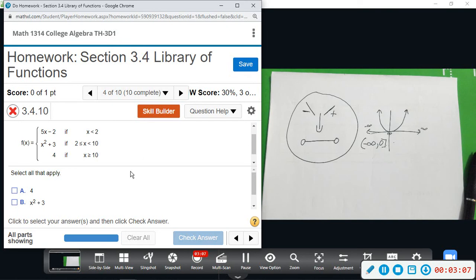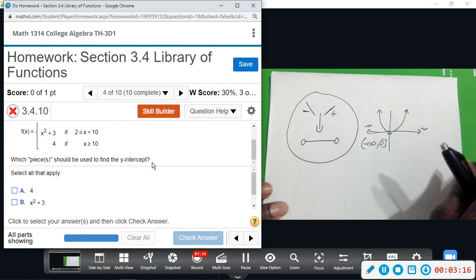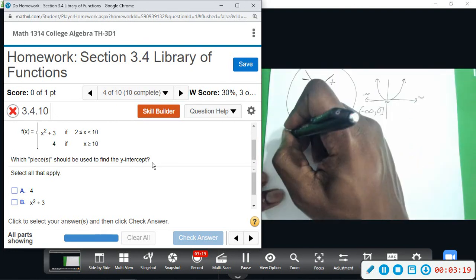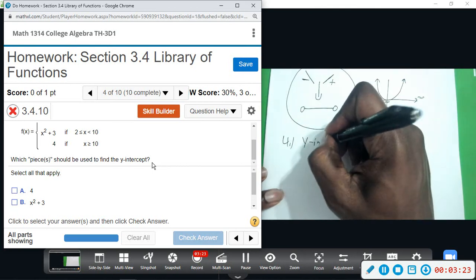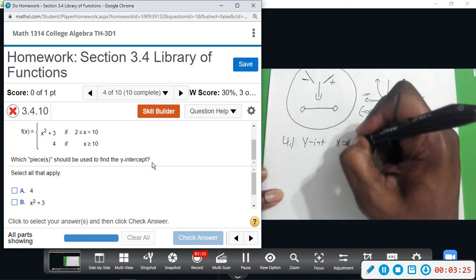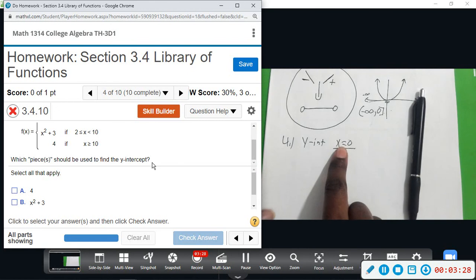Our question wants to know which piece should be used to find the y-intercept. Okay, well, the y-intercept, which we used previously in a problem, we know that x equals 0. That's the key. So we want to know which one will contain x equals 0.